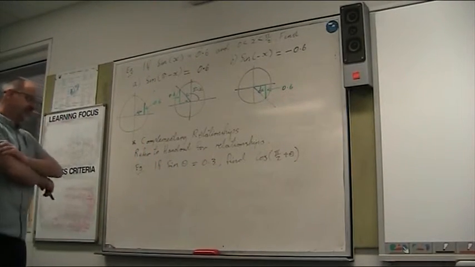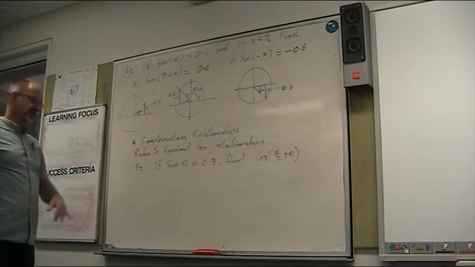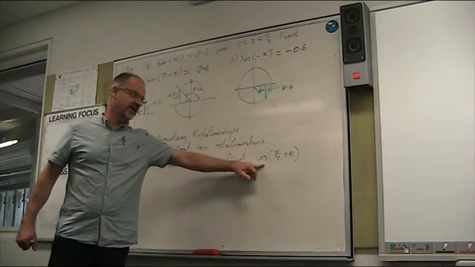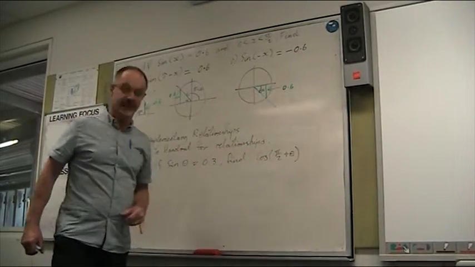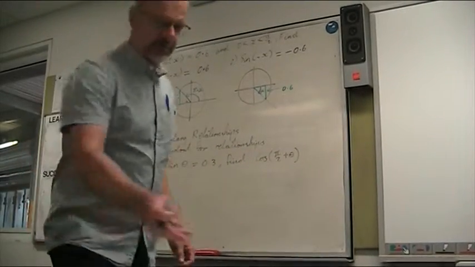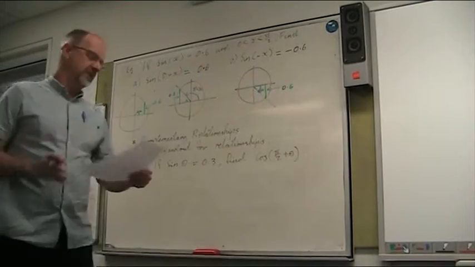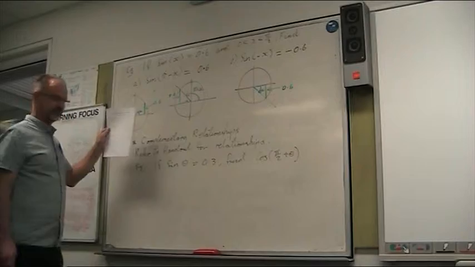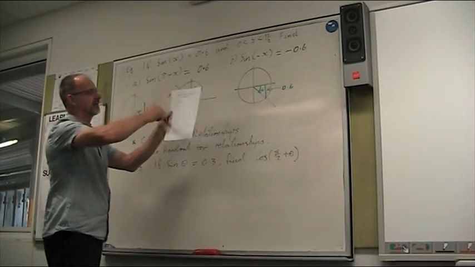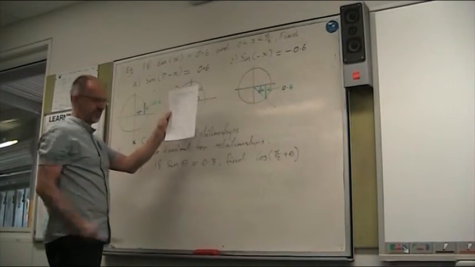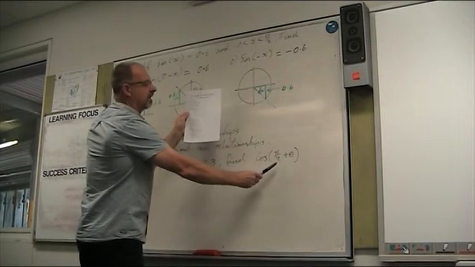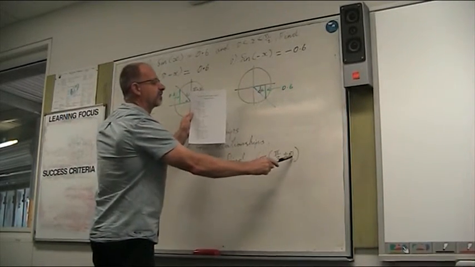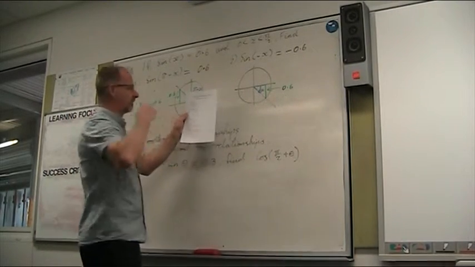Alright, so in this one here, sine theta is 0.3 and we're asked to find something about cos of pi on 2 plus theta. So if we're going to use the handout and those complementary properties, what we're looking for is cos of pi on 2 plus theta.